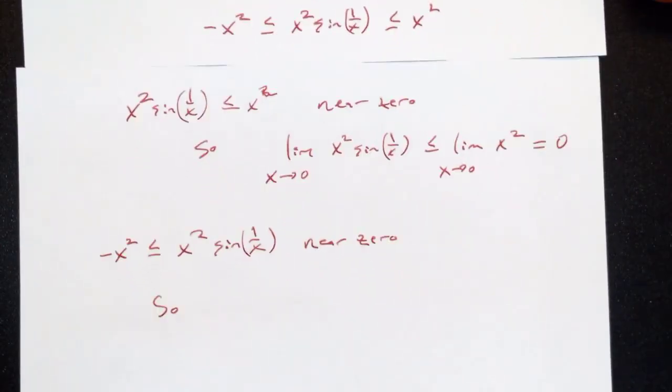Again, with the same idea, what does my comparison theorem tell me? If the function on the left is smaller than or equal to the function on the right near 0, then the limits will have the same inequality.